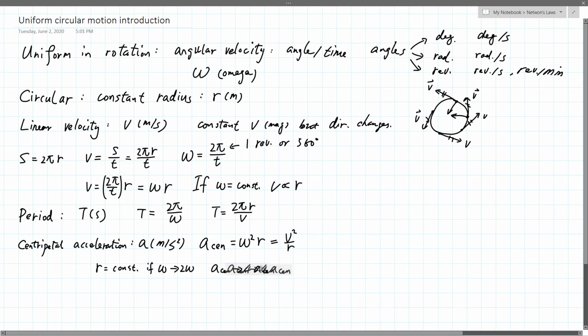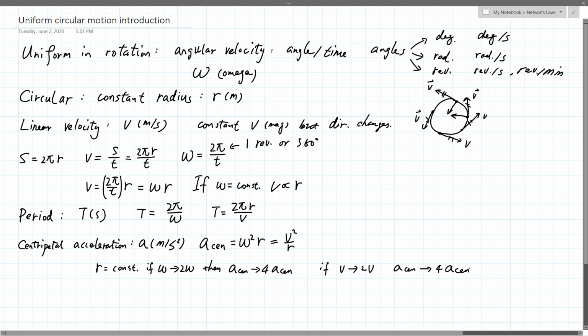What other scenario? If velocity goes to twice the velocity, and you can use this equation, having a constant radius, so that doubles, and double squares to quadruple again, so the centripetal acceleration also quadruples.